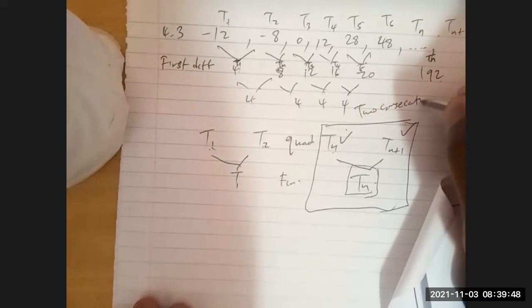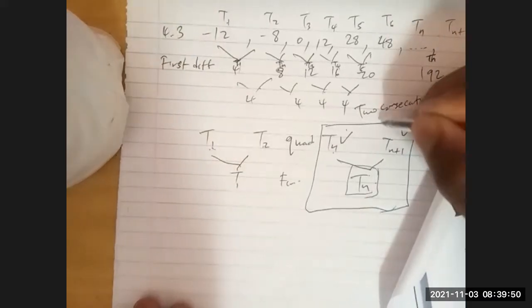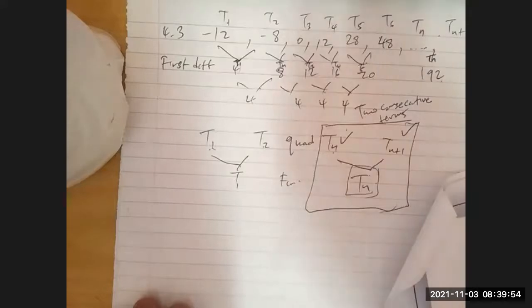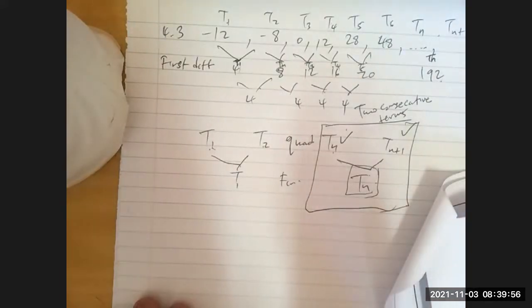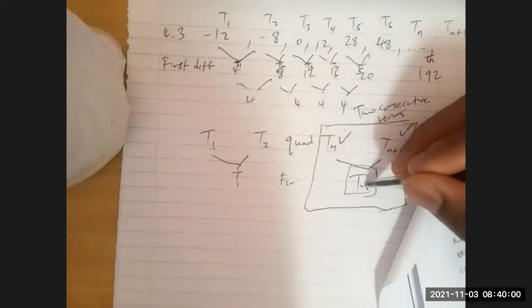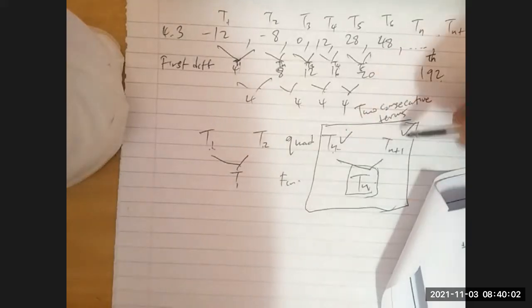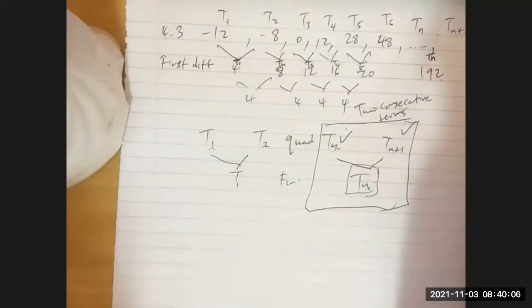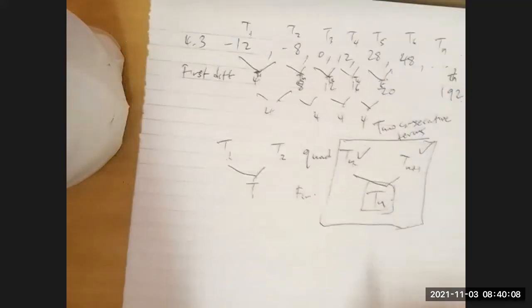Two consecutive terms is what you're supposed to find. So that is how this question is supposed to be solved. If you find Tn, that will correspond to one of the terms, and for the other term you just add 1 to that term, and then you get the answer for those two consecutive terms.